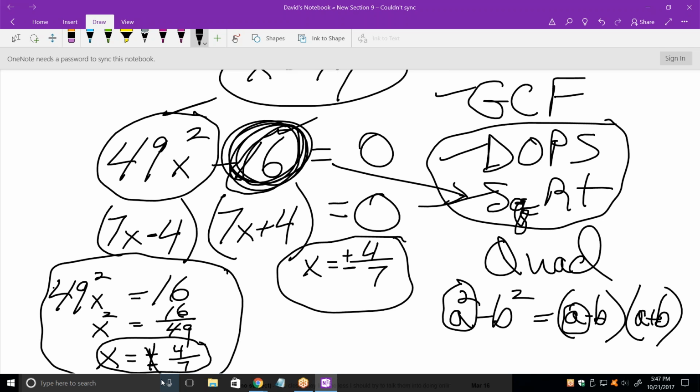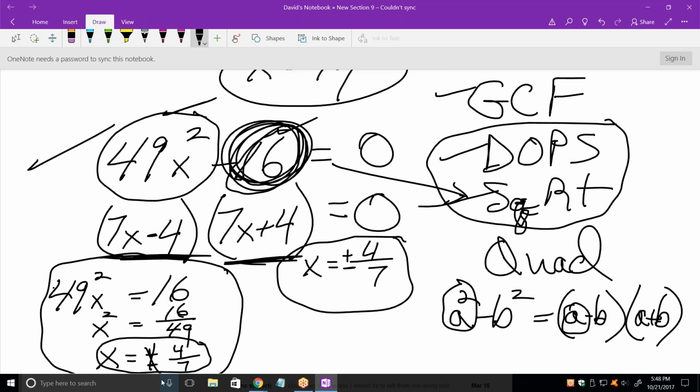If you solve this by using DOPS, you can't get it wrong. You end up with two factors, so x is either equal to plus 4/7 or minus 4/7. In other words, the plus and minus takes care of itself. Whereas when you take square root of both sides, you have to always remember to start the answer with the words plus or minus. If you forget, you're going to lose half credit by doing it that way.